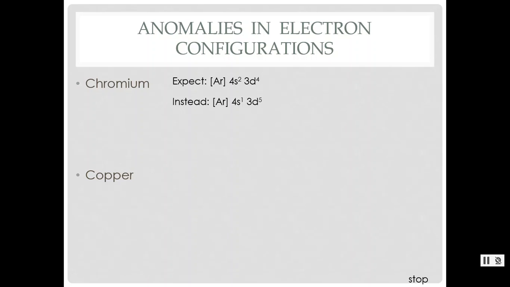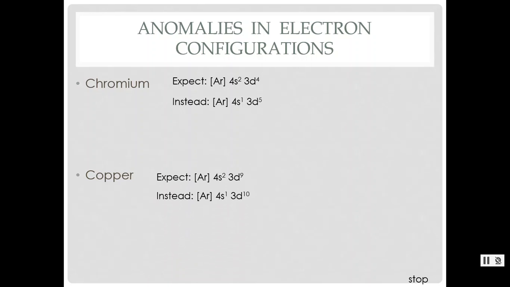If I was to ask you for the electron configuration for copper, you would think, from all the rules we have talked about so far, that that configuration would be argon, closest previous noble gas, 4s2, 3d9.